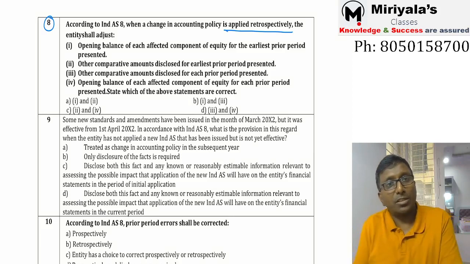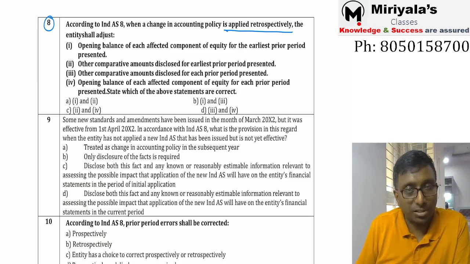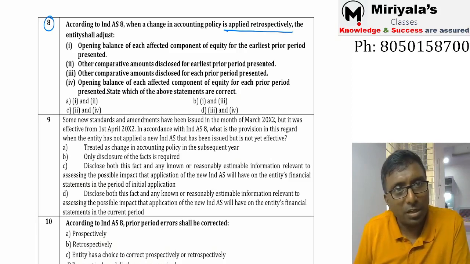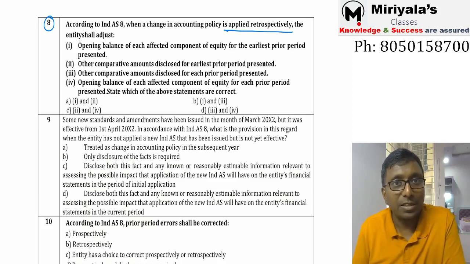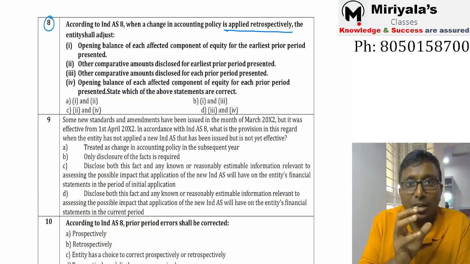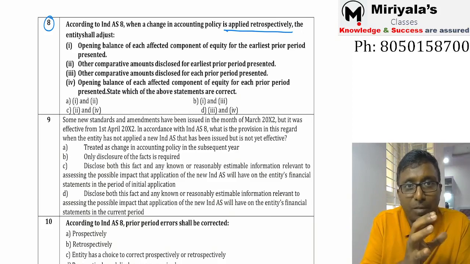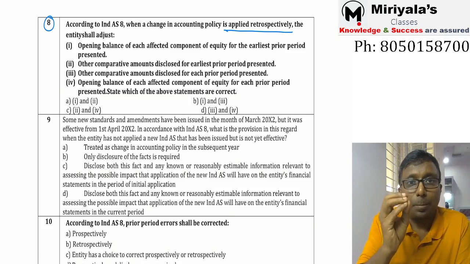When a change in accounting policy is applied retrospectively, the entity shall adjust. What are you supposed to adjust? You are supposed to adjust the other comparative amounts disclosed for the earlier prior periods presented. Yeah, this is the first important point. Not just the prior period, amounts disclosed for the earliest period presented.